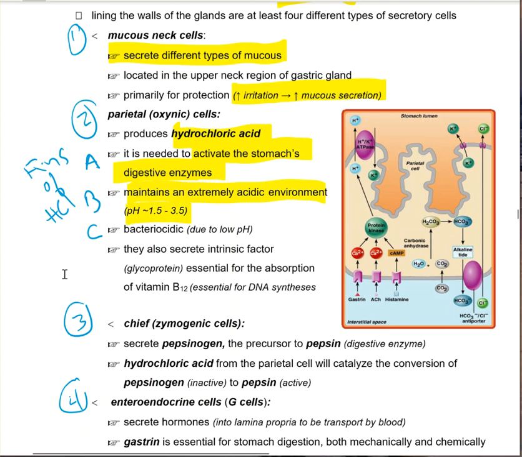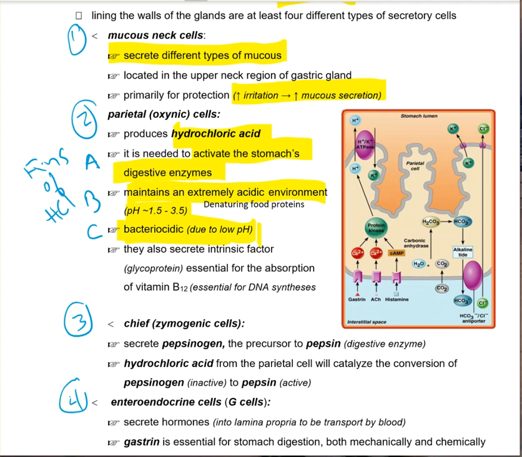And as I said before, that will also help by denaturing food proteins. Okay. The third thing is it's bacteriocidal. It's acidic, which means that it's low pH. Bacteria don't want to live there. It will destroy bacteria. Okay.